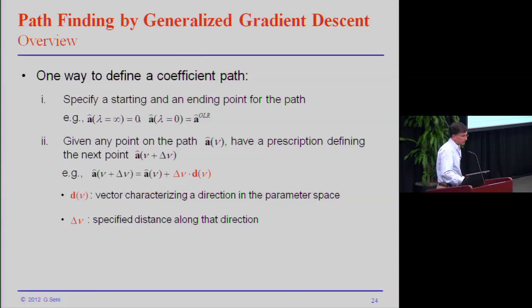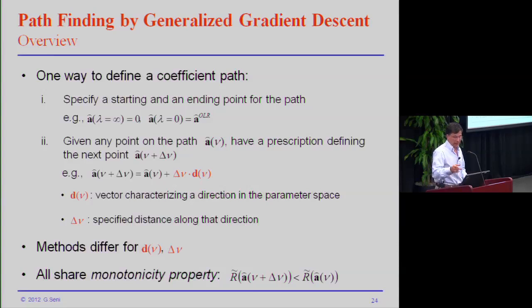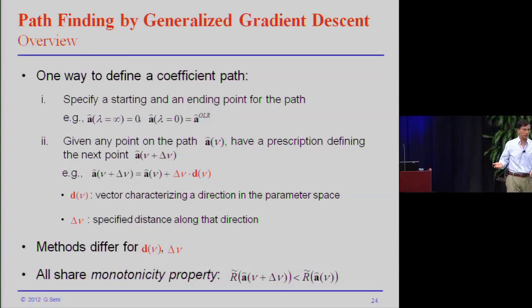So for instance, the Lars algorithm, at every step, finds the subset of variables that is most correlated with the residuals at that point, and then it moves in a direction that is called equiangular between the subset of variables. Different methods differ in the specification of D and delta, but they all share a risk monotonicity property.